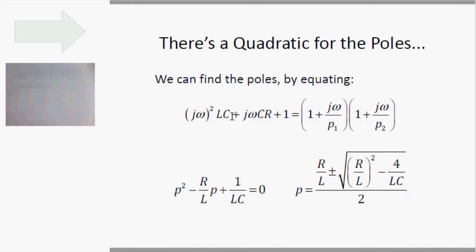Just equate the denominator that we have with the standard form for 2 poles. And if we do a bit of algebra, we'll end up like this.